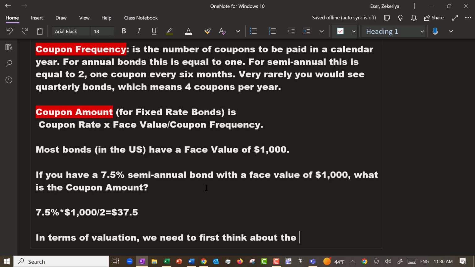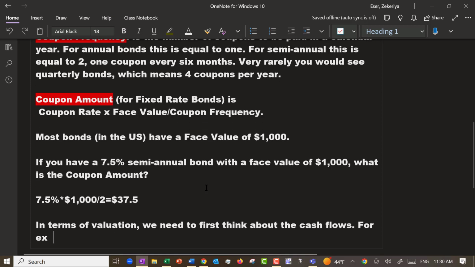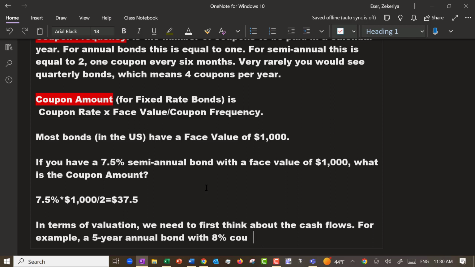which I'm going to call cash flows. For example, a 5-year annual bond with 8% coupon will have 5 annual coupons of how many dollars?